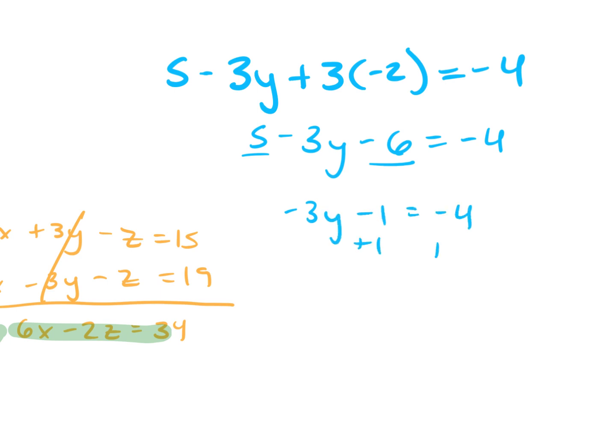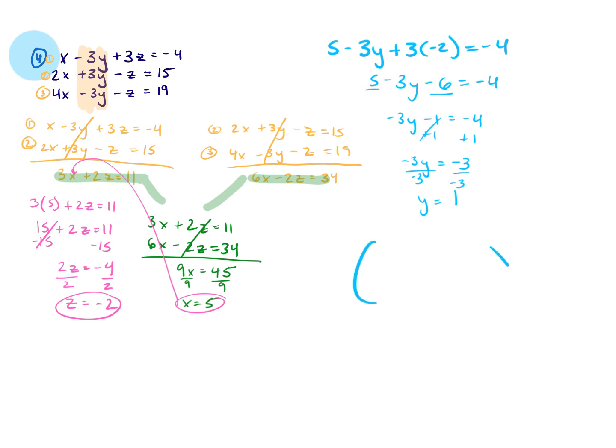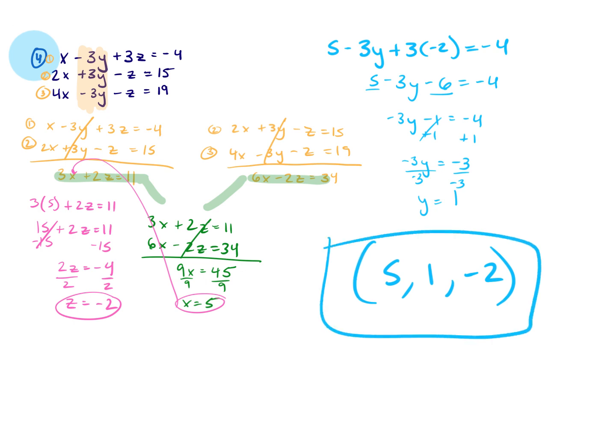So I'm going to add 1 to move it to the other side. Negative 3y is equal to negative 3. So what does y equal? 1. How would we write our answer? 5, 1, negative 2. Got to write it x, y, then z.